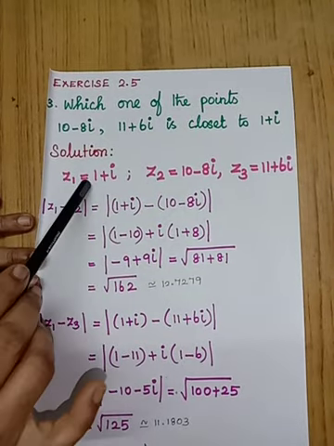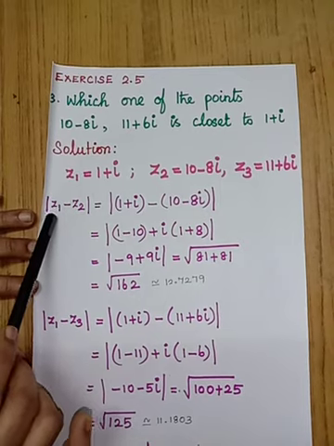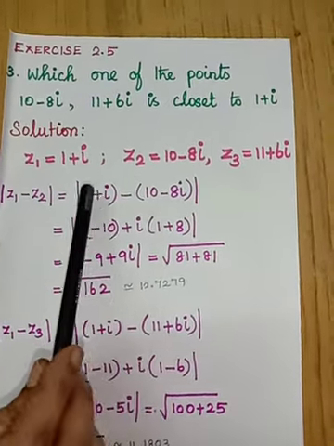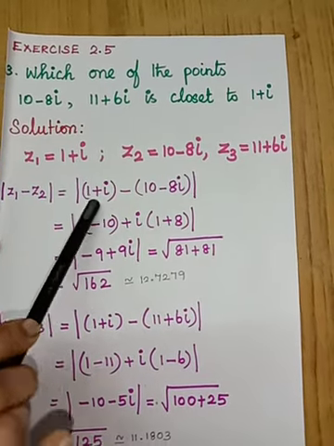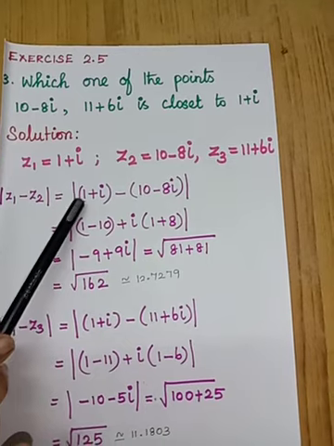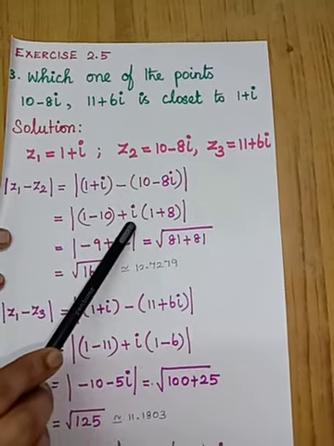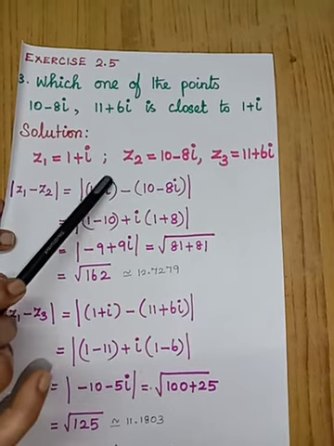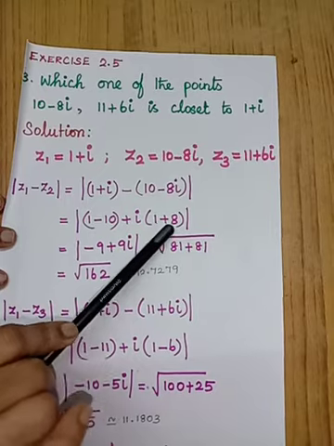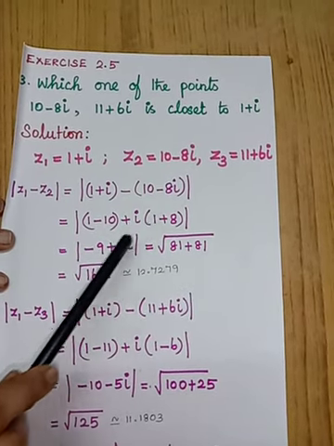The distance between 2 points z1 and z2 is nothing but modulus of z1 minus z2. So I am going to find the modulus of the first complex number minus the second complex number. Okay, how to subtract it? So 1 minus 10. From these two i is taken out. Here minus of minus 8 will become plus 8. 1 minus 10 is minus 9. 1 plus 8 is 9i.